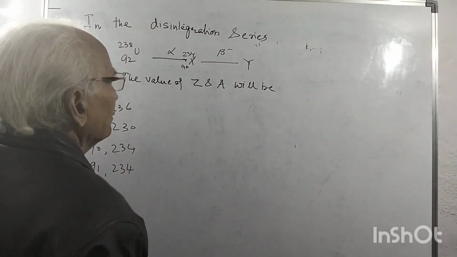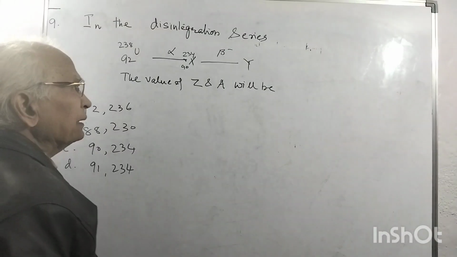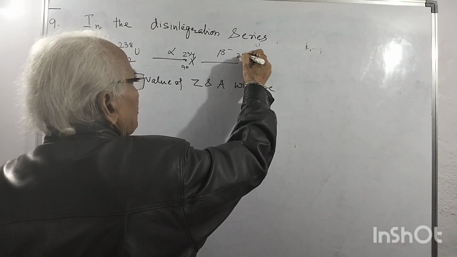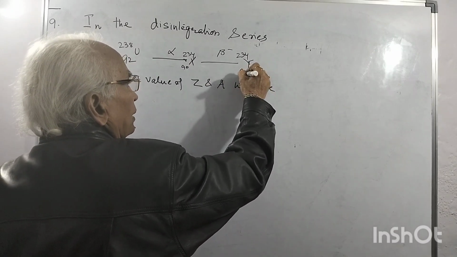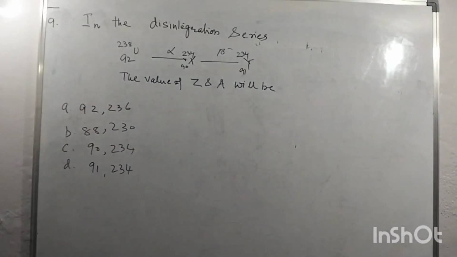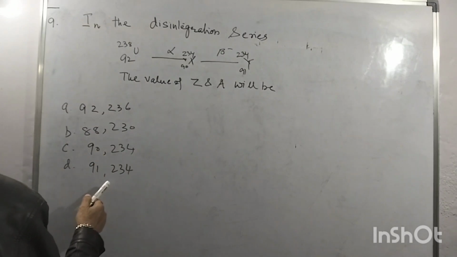And then by beta decay, the mass remains the same and charge increases by 1 unit. This becomes 91. So the answer is 91, 234.